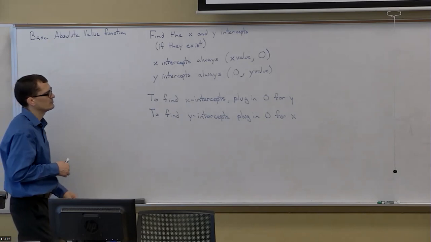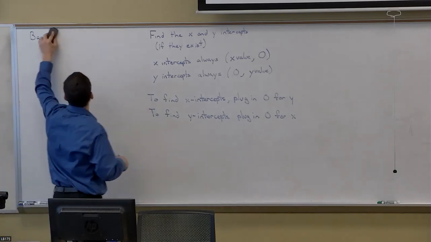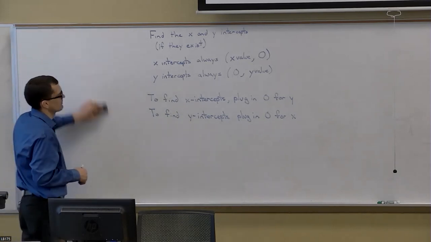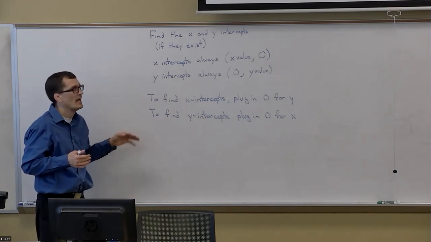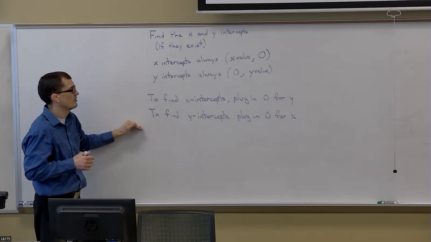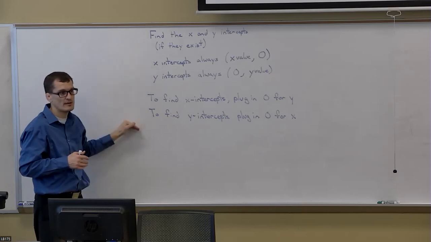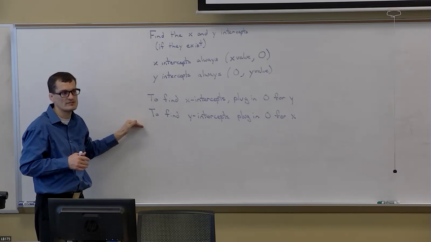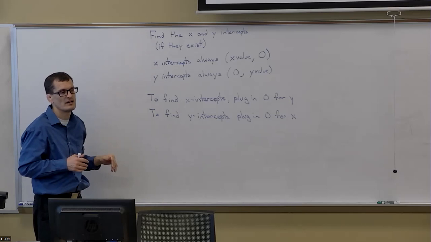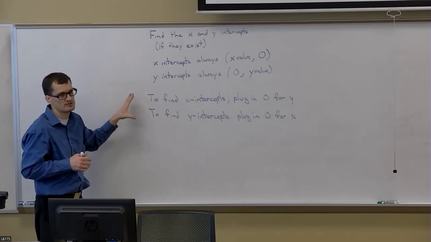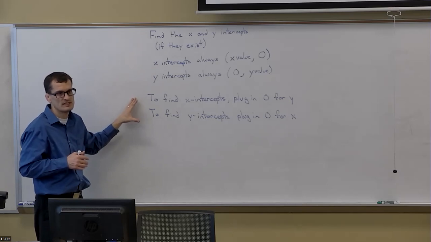Since we already did the shifting stuff last class period, we'll do the x and y intercepts now. And by the way, this works not just for absolute value functions. Any functions that we want, we can find x and y intercepts this way. This is not unique to absolute value functions.